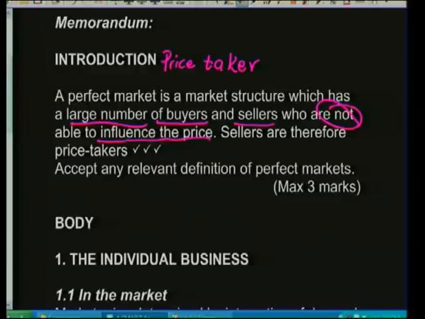Sellers are therefore price takers. And then it says, accept any relevant definition of a perfect market. The important thing is that even though you don't have to write exactly these words, we would like to see large number of buyers and sellers not able to influence the price. Those type of keywords must be included.